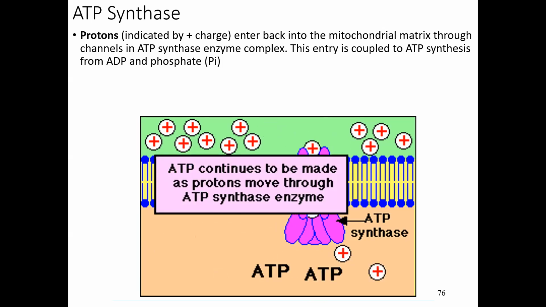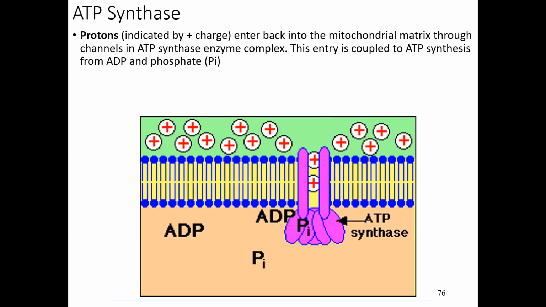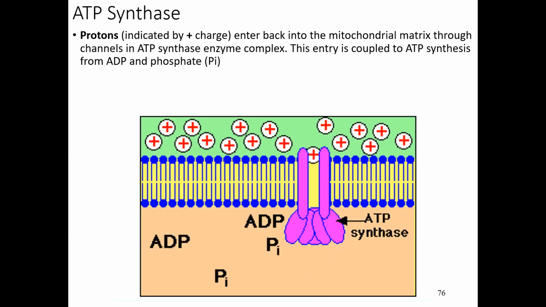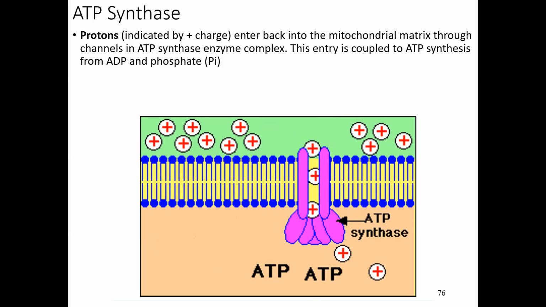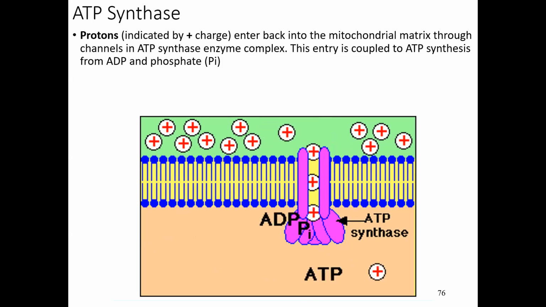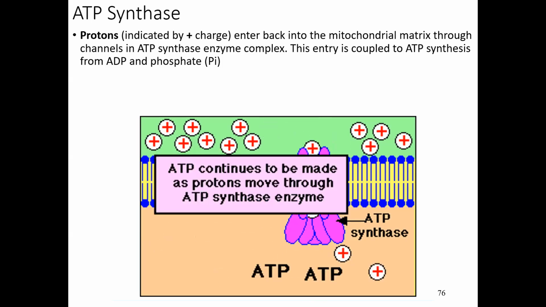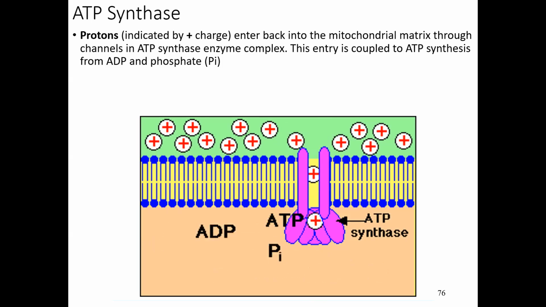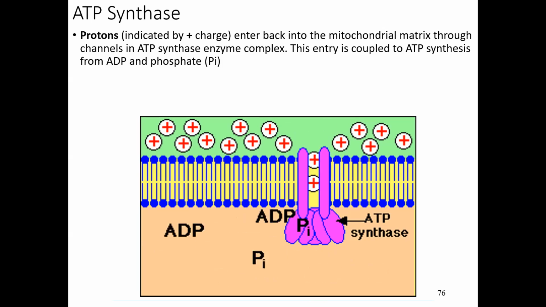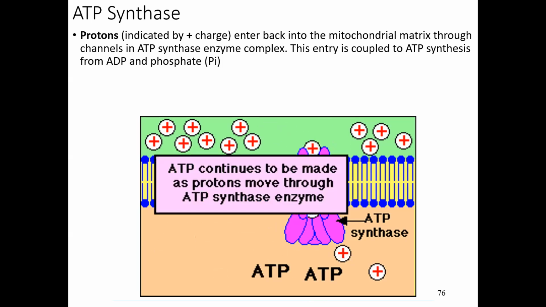And in some cases, when the cell runs out of oxygen, it's threatening to reach... temporarily and push hydrogens back into the intermembrane space so they can come back through. It can't do that forever.